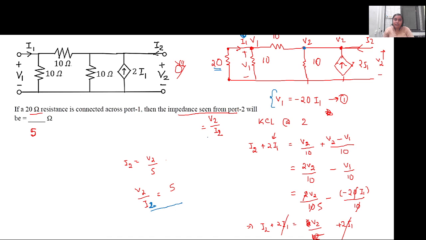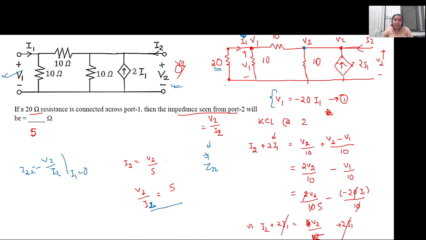Please note that this is not equal to Z22, because Z22 would have been the case if nothing was connected across this port. Then Z22 would have been V2 by I2 provided I1 equal to 0.